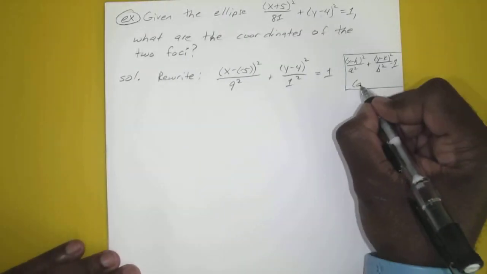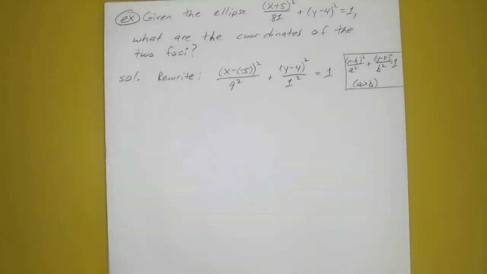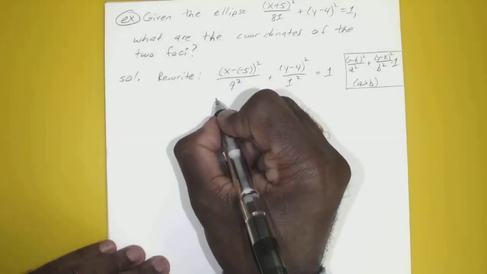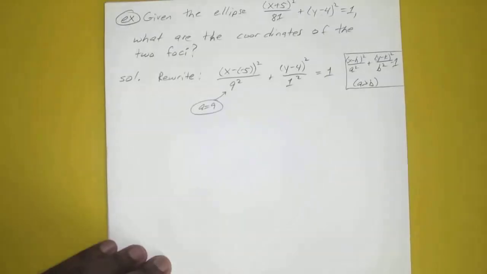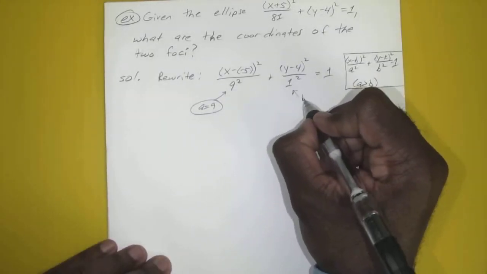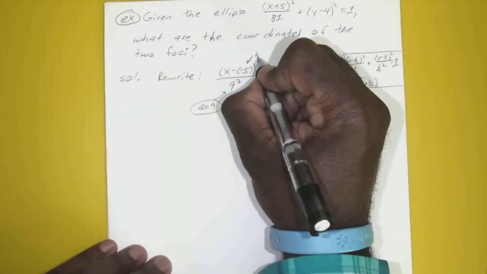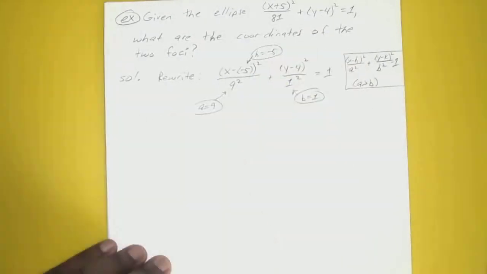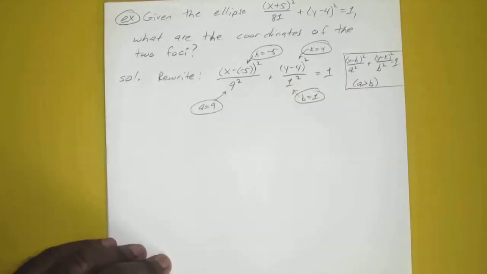Because a is always bigger than b. Remember, your major axis is always going to be longer than your minor axis. Okay, so we know just from this, our a is equal to 9, our b is equal to 1, our h is equal to -5, and our k is equal to 4.